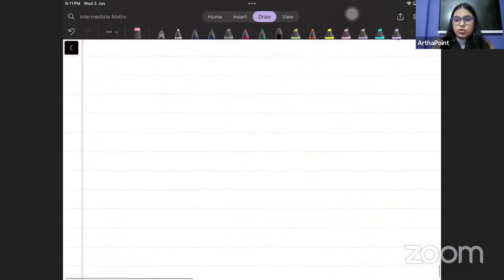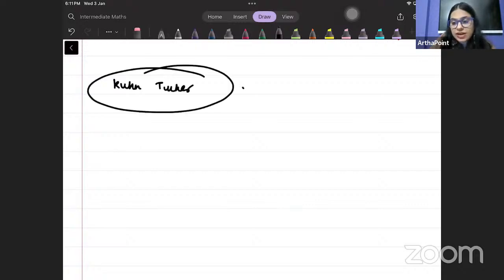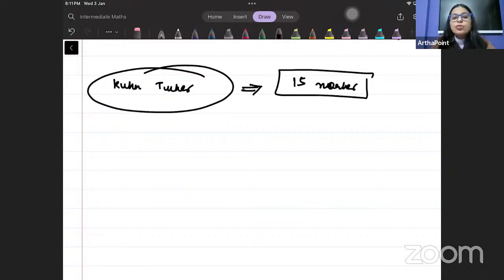Very important question, beta. This will come in exam. The Kuhn-Tucker question will come in exam as the highest marking question. It can come as a 15 marker in exam in which you have to evaluate all possible conditions.